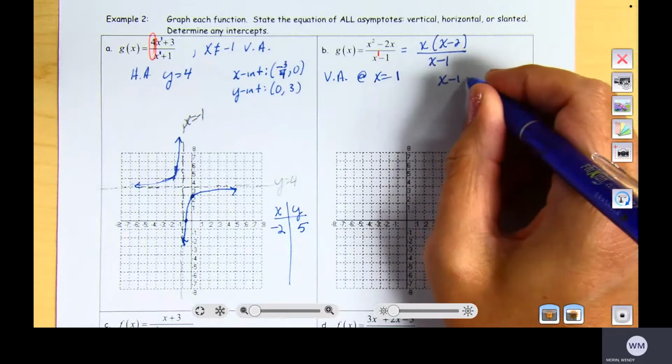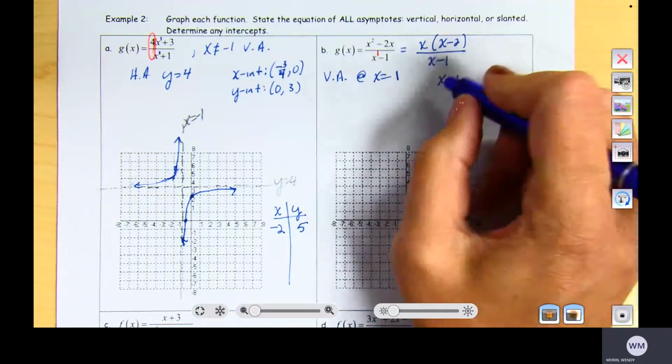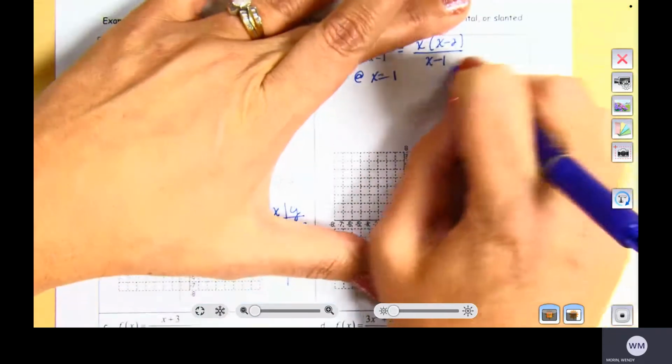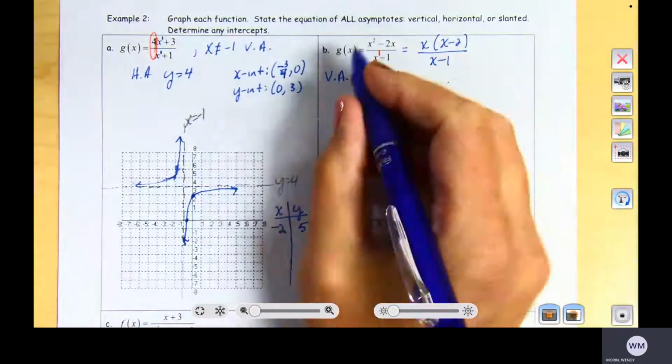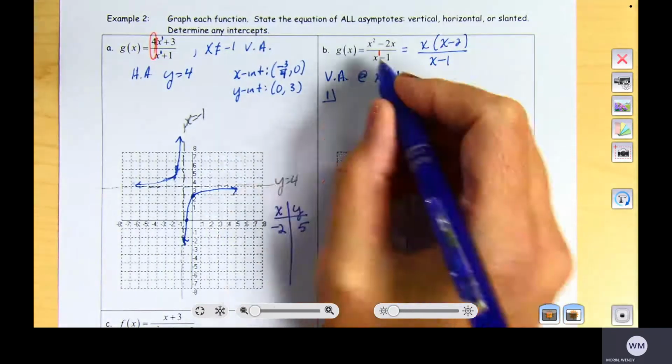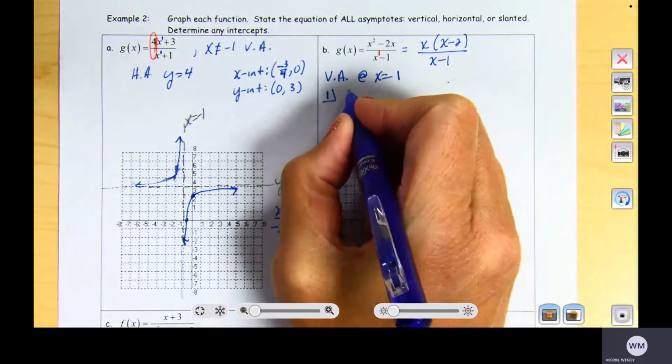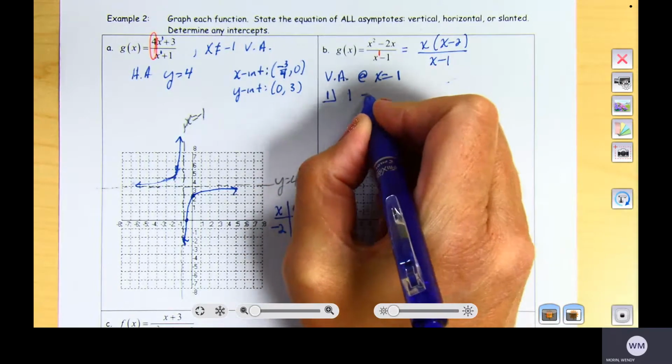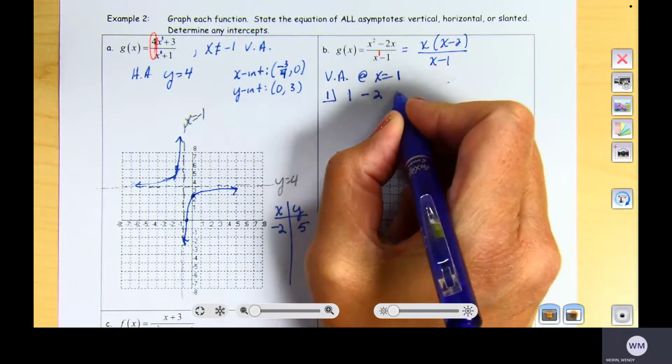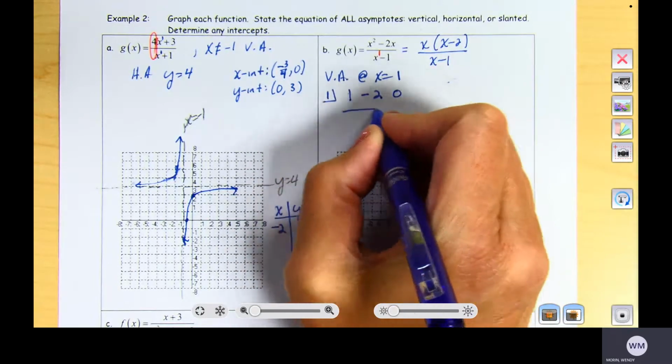Dividing by x minus 1. I could do synthetic. Let's do synthetic division. We're dividing by x minus 1, so why don't we do synthetic? So 1 is my a value, and I have 1x squared, a -2x, and 0 is my constant.